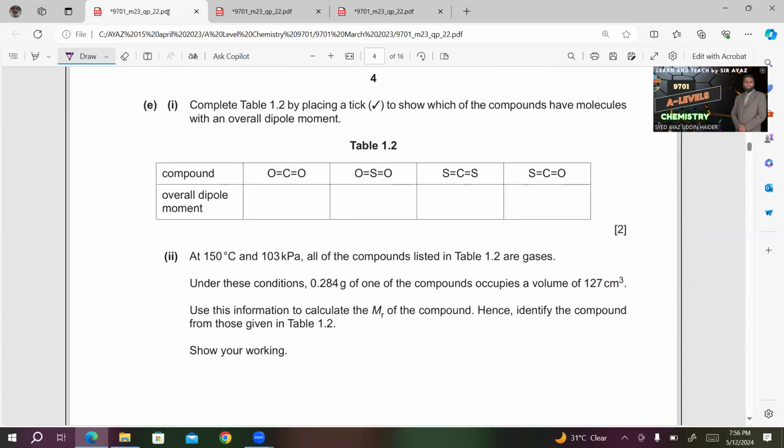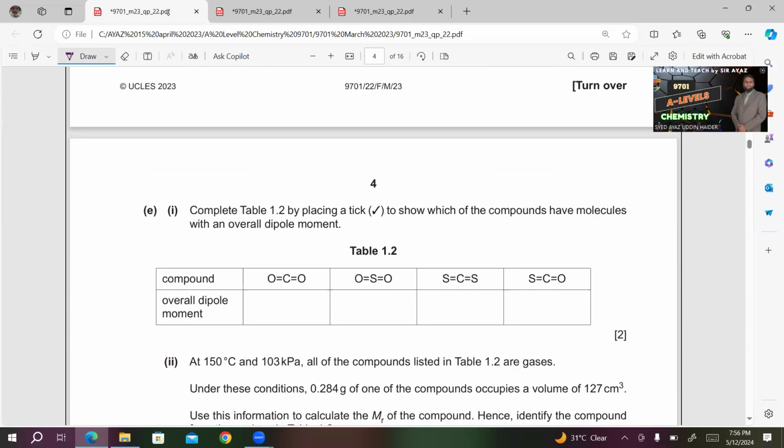Moving to next question. E1. Complete table 1.2 by placing a tick to show which of the compounds have molecules with an overall dipole moment. So CO2, SO2, CS2, SCO. SCO must be having a dipole.